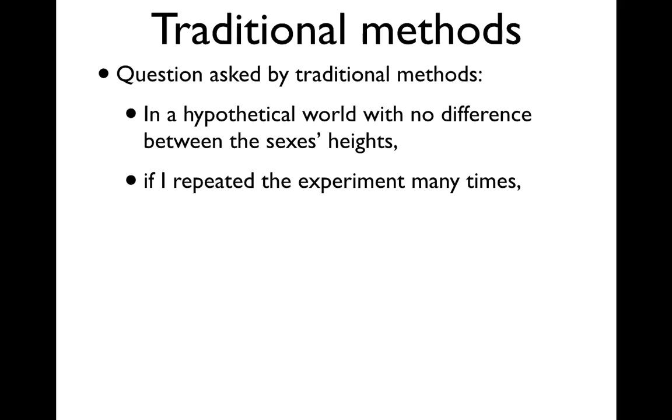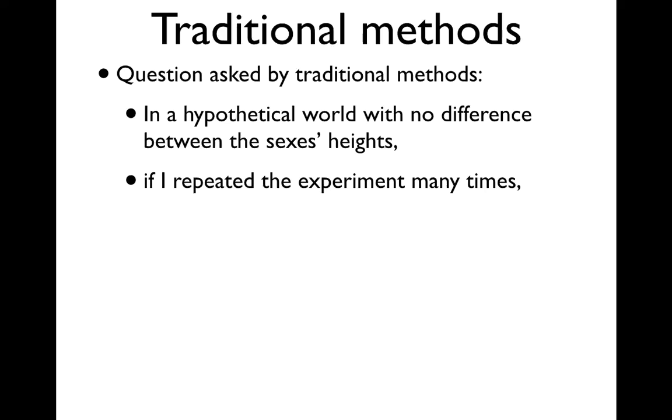Each time you go out, you measure the same number of men and women that you did in your actual real-world experiment, you get the mean for those imaginary experiment groups, and you compute a difference between them.